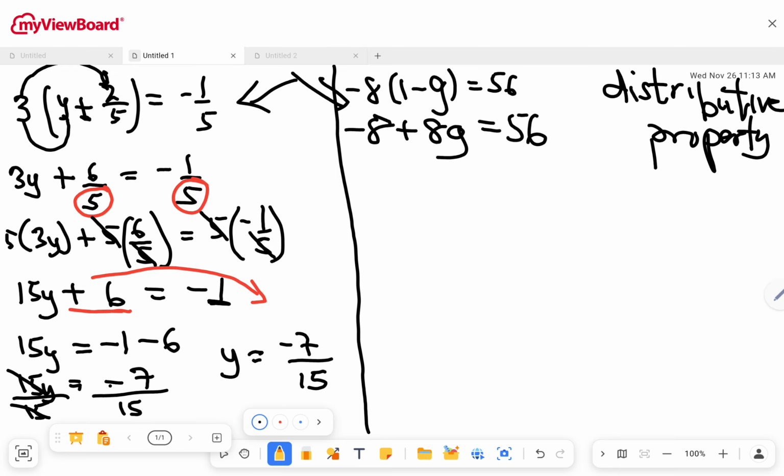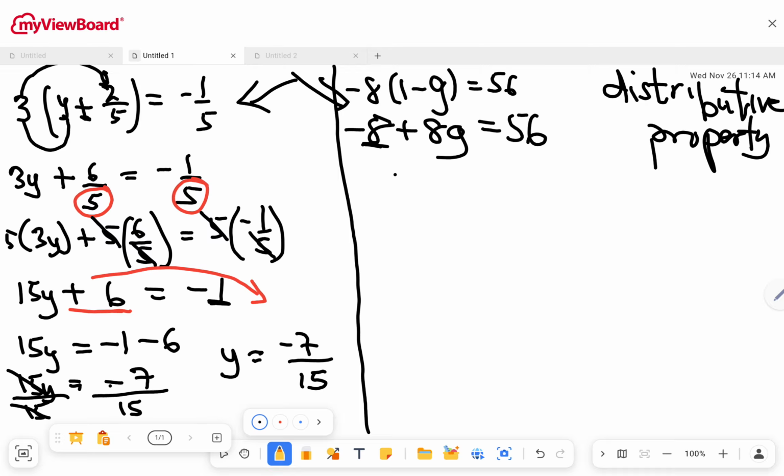Now, we have to group like terms. So this 8 here must be moved to where the 56 is. And this 8 is a negative 8. So when it is moving, it will definitely become a positive 8.